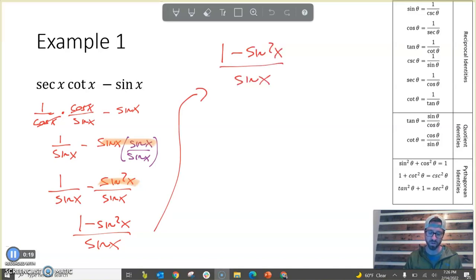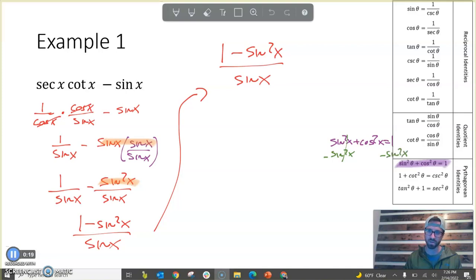Now here's what we need to recognize. 1 minus sine squared x is not directly in any of these identities, but I'm going to pull this identity and write it. If I have sine squared x plus cosine squared x equals 1, what would happen if we subtracted sine squared x from each side of this?